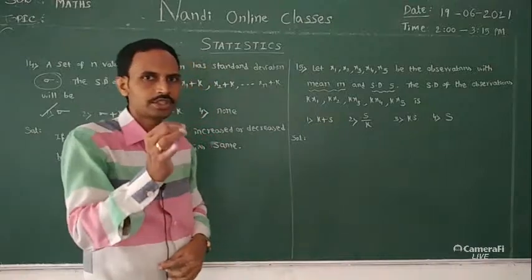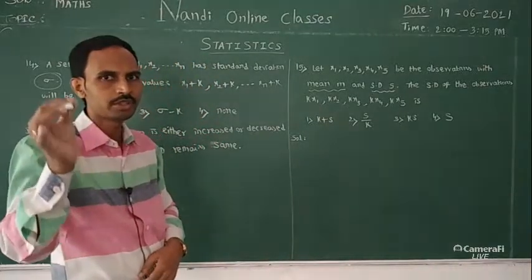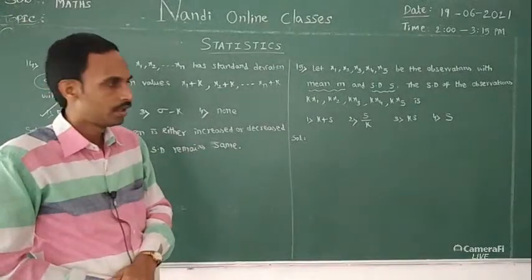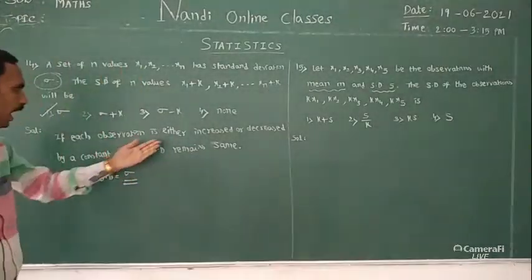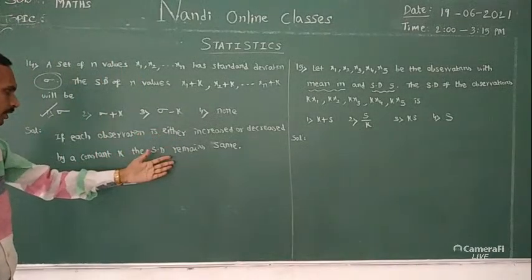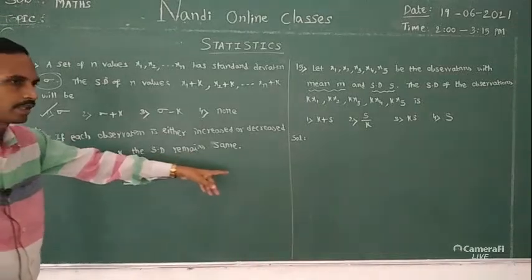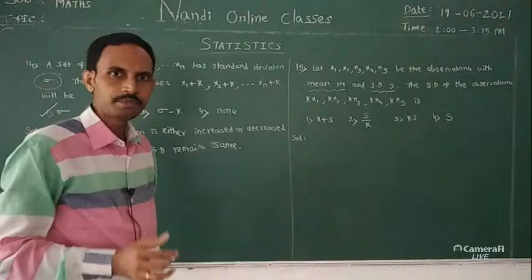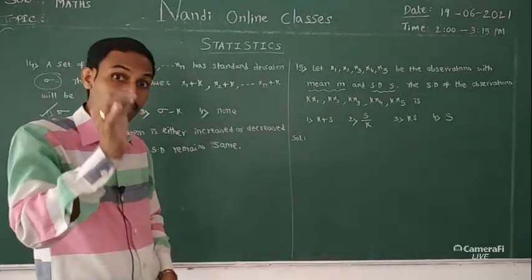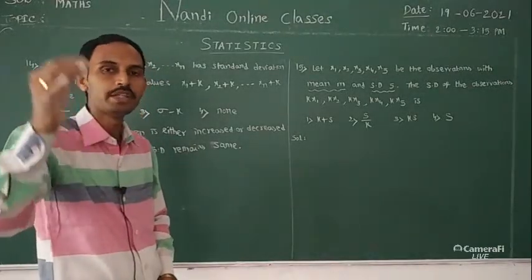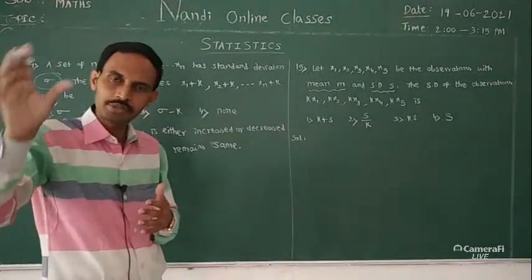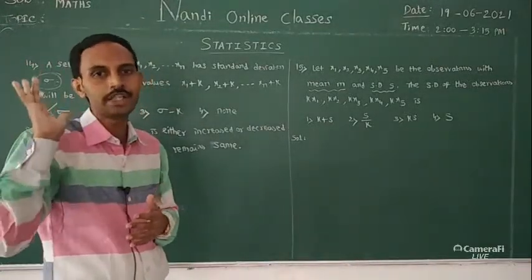Each observation is multiplied with the constant k. What about the standard deviation? If you add or subtract, standard deviation remains the same. But if you multiply with a constant, the standard deviation is also multiplied by the constant k.